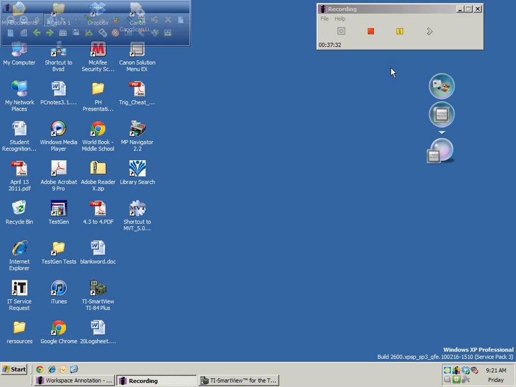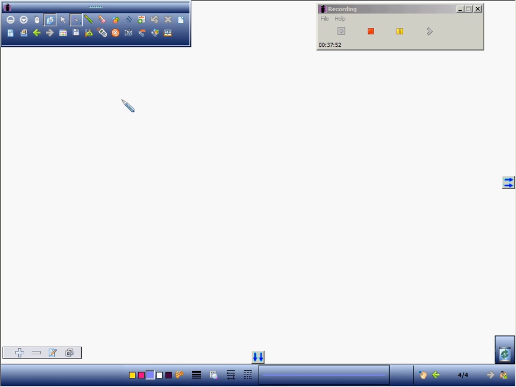But the last problem asked you to convert something from polar to rectangular form. Let's just look at that. R equals 1 over 3 minus 3 cosine theta.